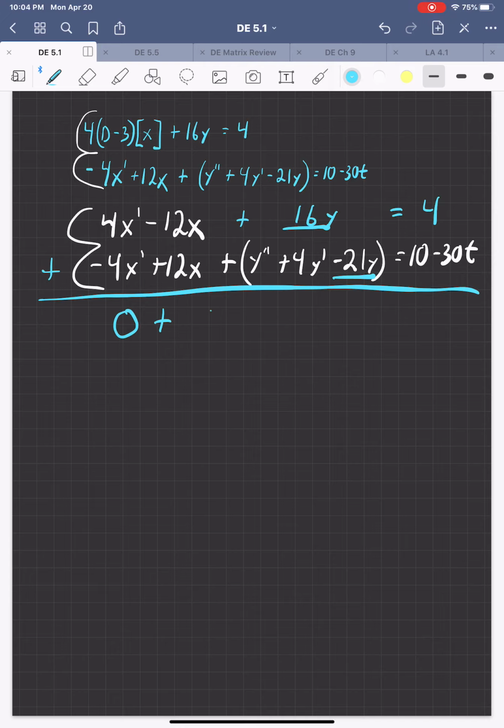So this would be y double prime plus 4y prime. And now that would be, what do we got, minus 5y. And that equals, well, now let's add the right-hand side of the equation. So we have 4 combined with 10 to get 14 and minus 30t. Are you with me on where we're at in this problem so far?